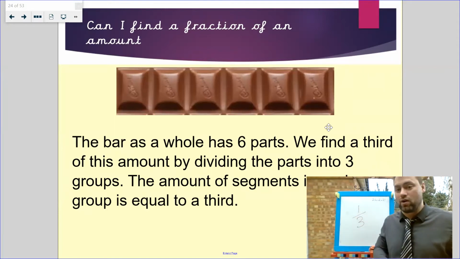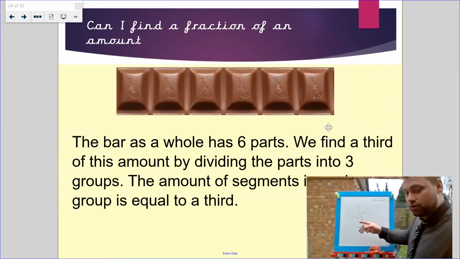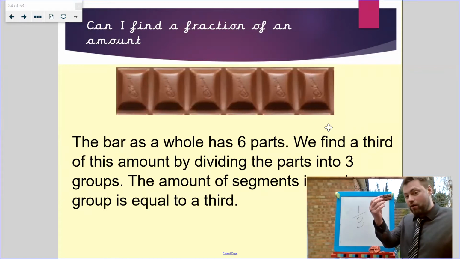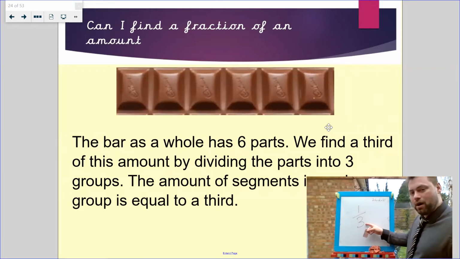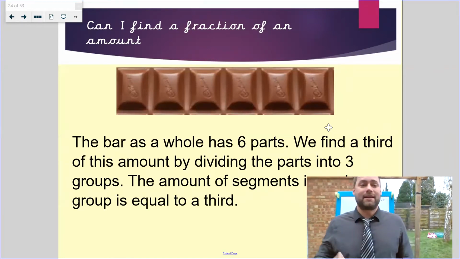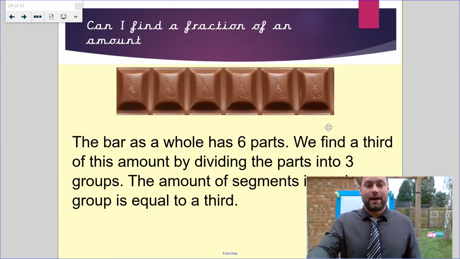That's what we are trying to split our bar into. We have a look at the denominator and we think to ourselves, right, we need to split our whole into 3 parts. That's what we're going to be doing. So the amount of segments in each group is going to be equal to a third once we work that out.